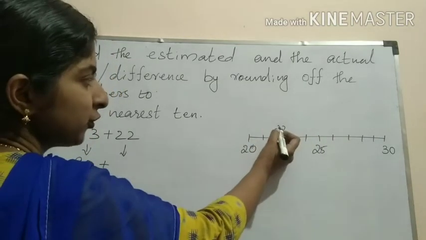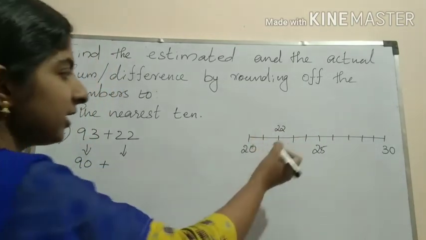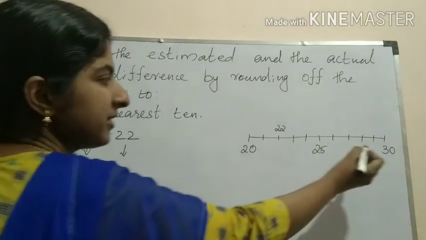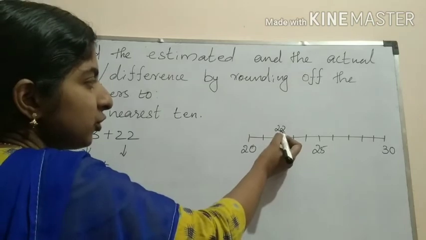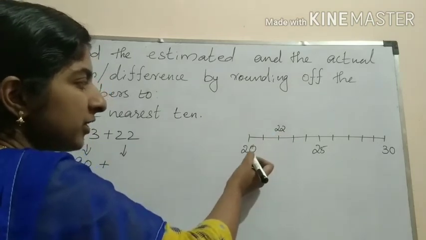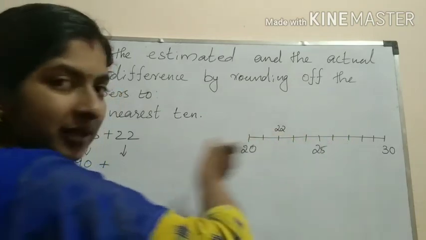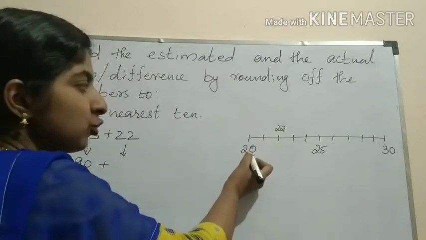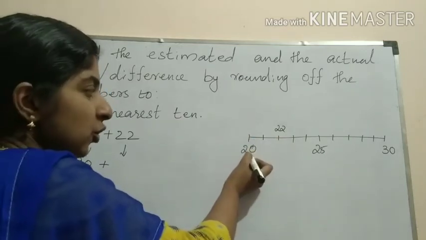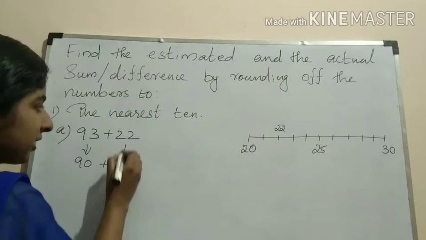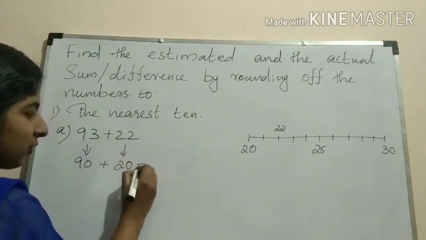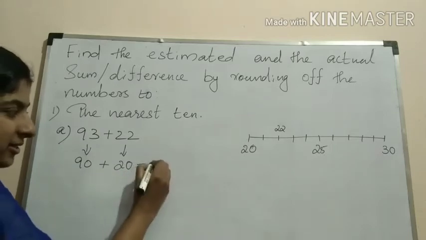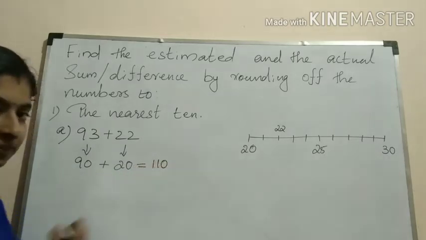Here 20 is the lower limit and 30 is the upper limit. Then 22 is nearest to 20 or 30? Nearest to 20, isn't it? Nearest to this lower limit 20. So this 22 becomes 20. Equal to 90 plus 20, answer is 110.